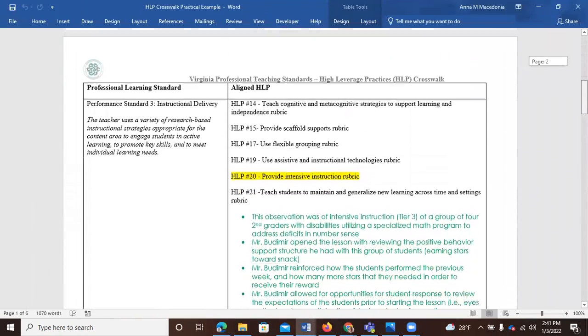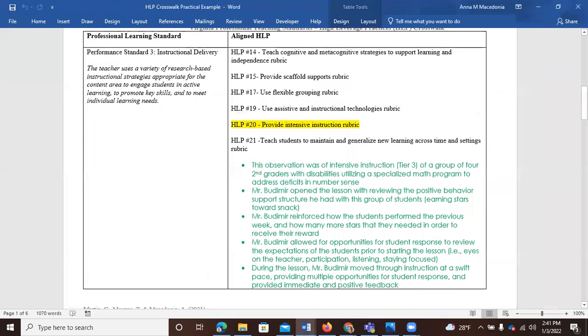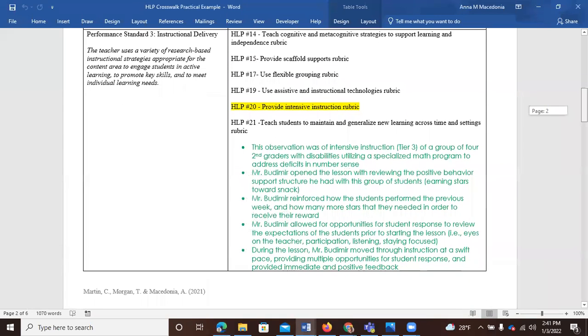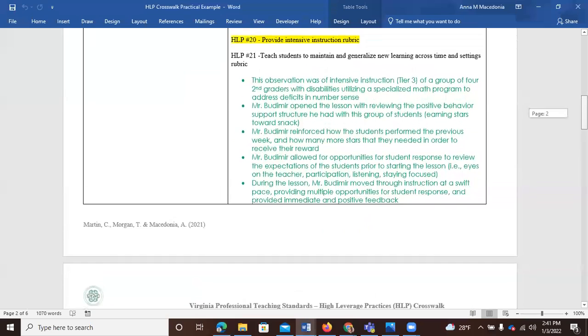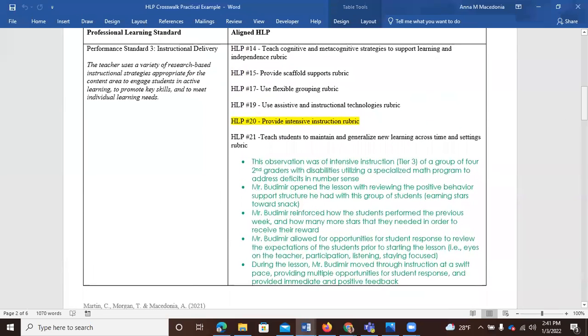Next, for performance standard 3, instructional delivery, I noted the care that Mr. Budimir took to review routines and expectations to reinforce a positive learning environment. I observed Mr. Budimir utilizing gestures and changing his intonation and tone during instructional delivery.